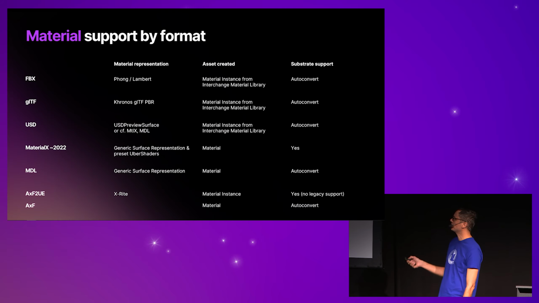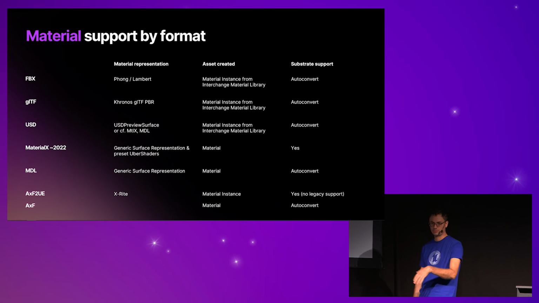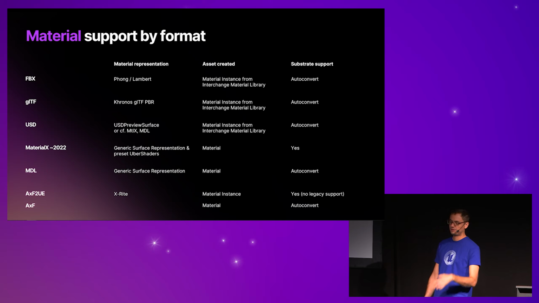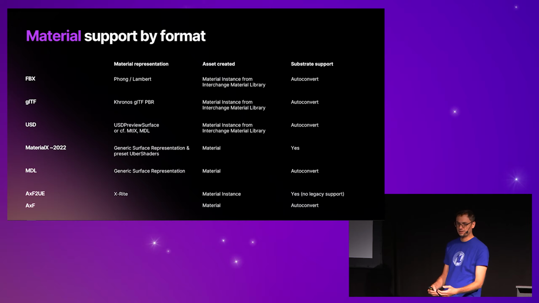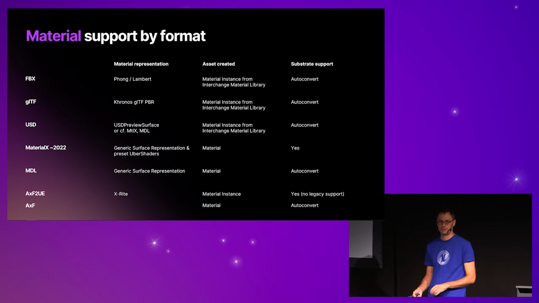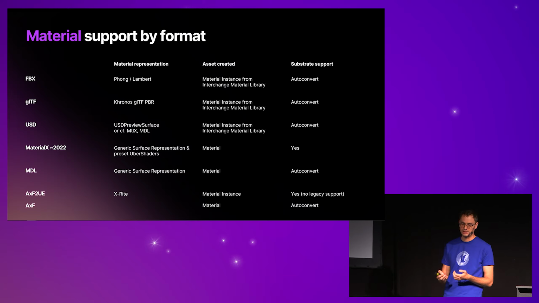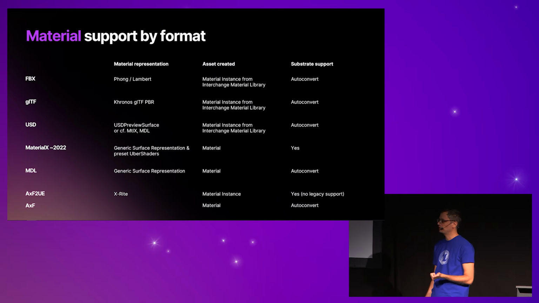Another thing I would like to highlight is that we are slowly moving away from programmatically generating materials by default in the engine. Instead, the engine is going to use predefined master materials and material instances that we provide, and just fill in the parameters based on what we read from the different files. In a way, it's good because we do not generate hundreds of materials when you import something.